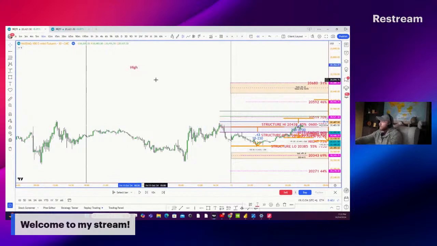High and low of the day by percentage and time, right? We have our time-based probabilities. We have our structure-based probabilities.